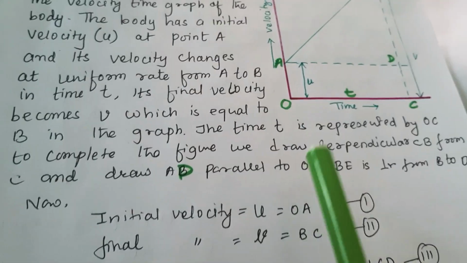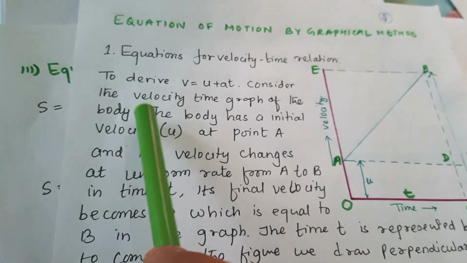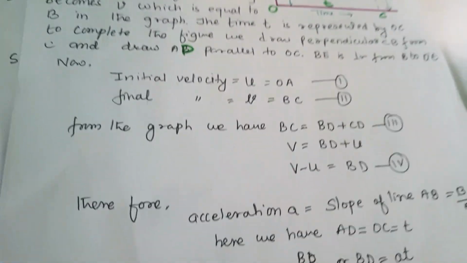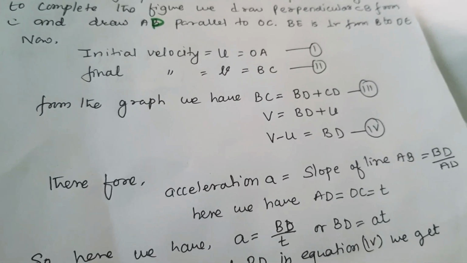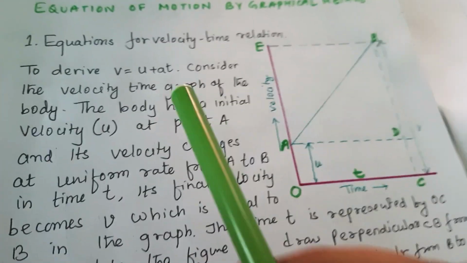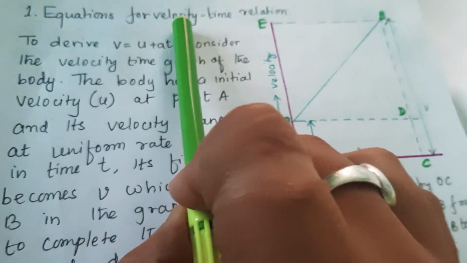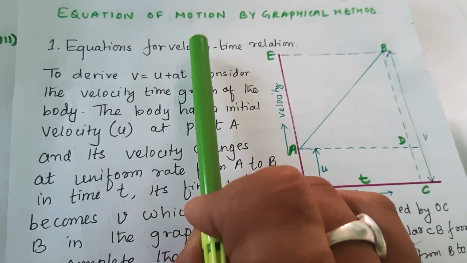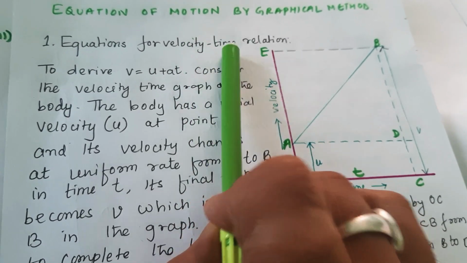So this is the derivation of v equals u plus at. This equation is the relation between velocity and time: v, u, a and t.